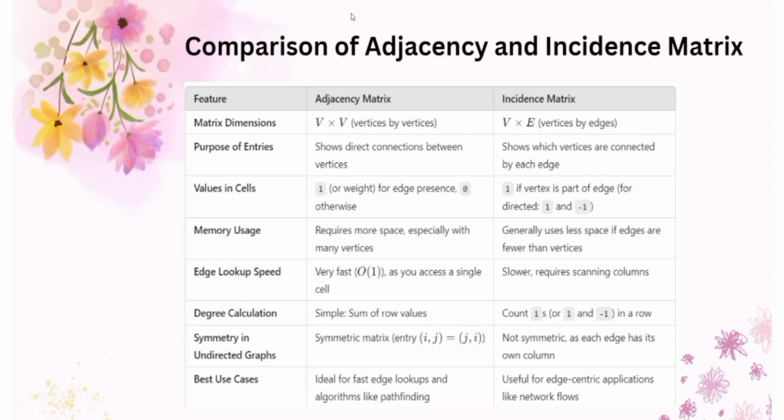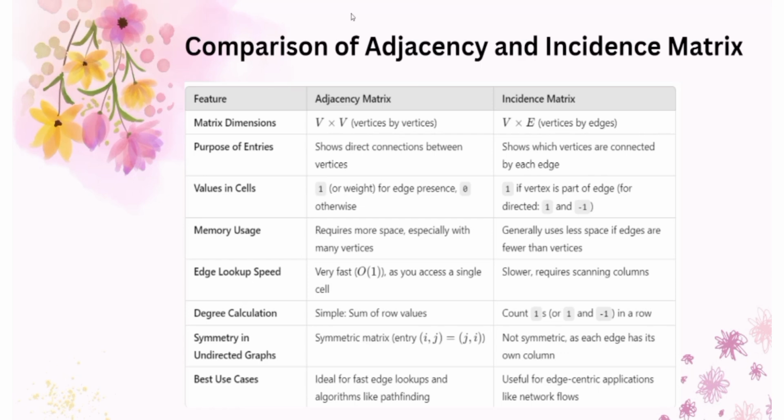In values in cells, in adjacency matrix, a cell is 1 if there is a connection and 0 if there is none. In an undirected graph, it's symmetric because connections go both ways. Whereas in incidence matrix, a cell is 1 if a vertex is connected to an edge. In directed graph, it's 1 for starting vertex and -1 for ending vertex.